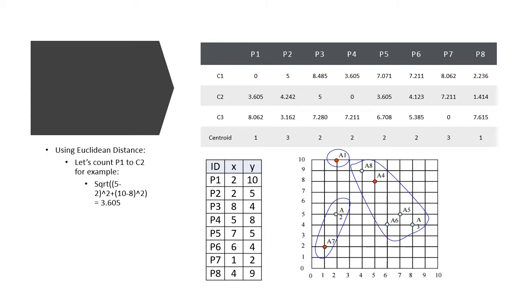To calculate that, we take the square root of (5 minus 2) squared plus (10 minus 8) squared. The 5 minus 2 is the x's of P4 and P1, and 10 minus 8 is the y's, and you square them. That gives us the square root of 13, which is 3.605.